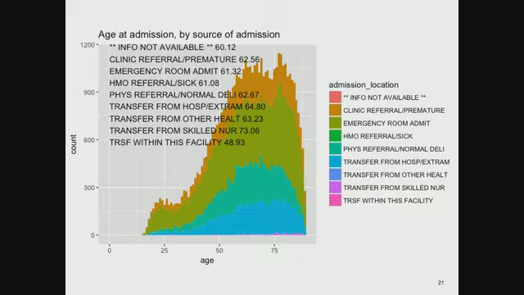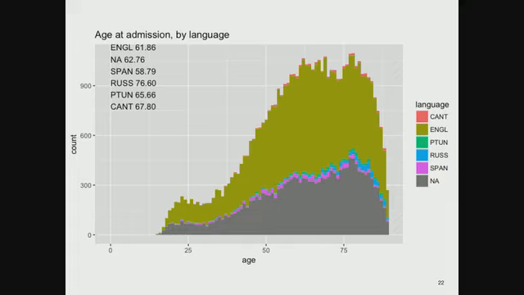The averages there and the distributions look moderately similar. If you are in a skilled nursing facility, you're probably old, because younger people don't typically need skilled nursing care. And I'm not sure why transfers within the facility are significantly younger ages, but it's true from the MIMIC data.